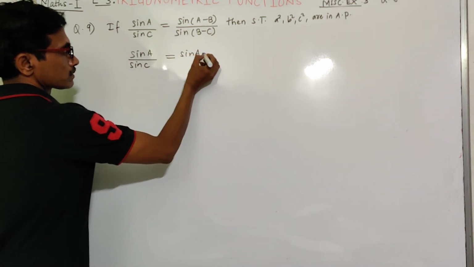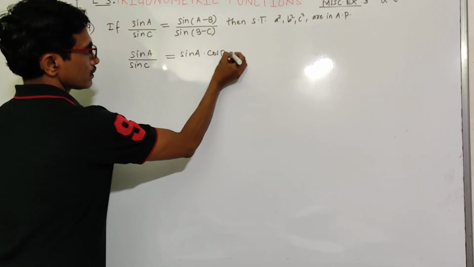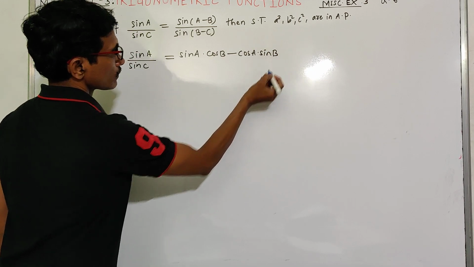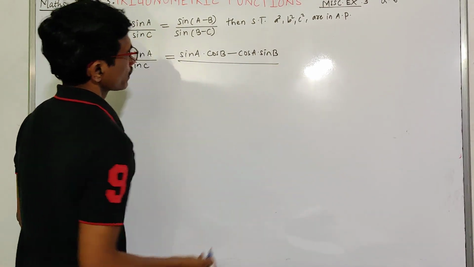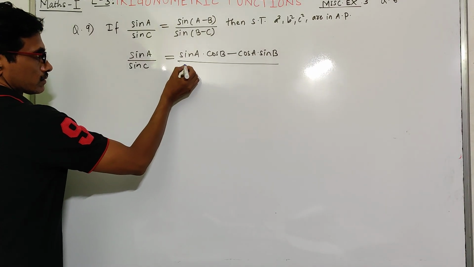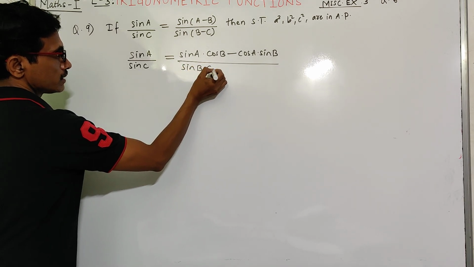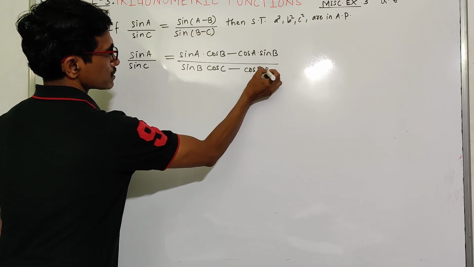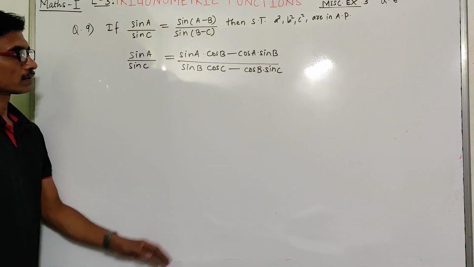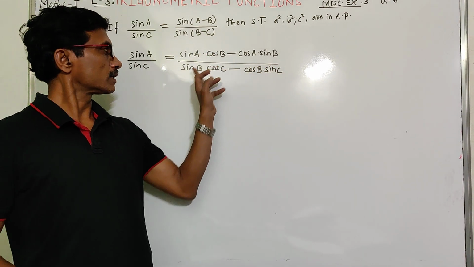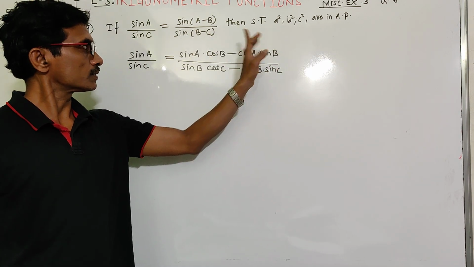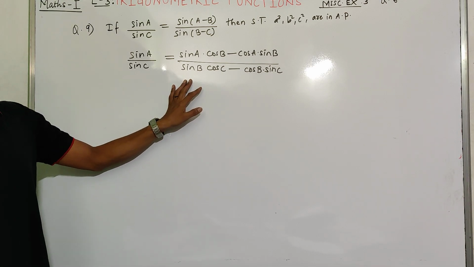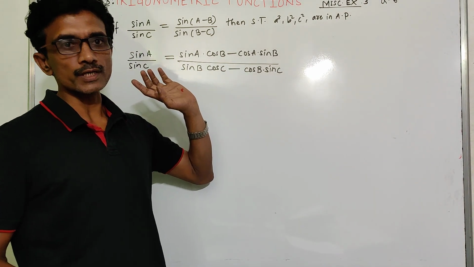Sine A cos B minus cos A sine B upon, similarly, denominator sine B cos C minus cos B sine C. So sine of (B minus C) we expanded, sine of (A minus B) we expanded, left hand side as it is.